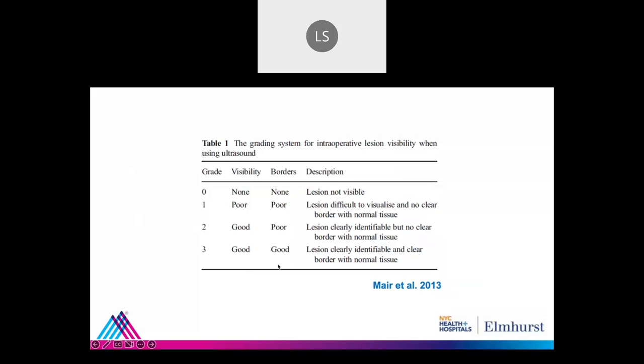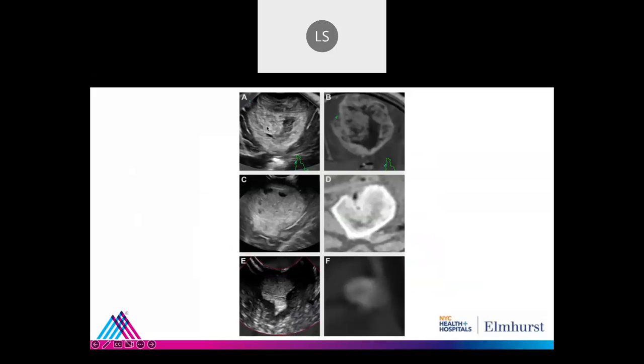And this is an example of some grades. Here you can see this is the ultrasound, this is the MRI. This would be a grade 3 on the MRI, because you can see the lesion and you can see the borders of the tumor, and this would be a grade 2 on the ultrasound, because you can see the lesion well, but there are some parts of the tumor that you cannot clearly define.